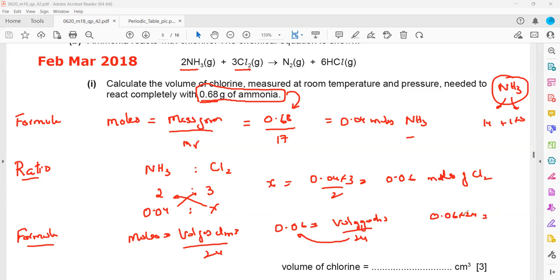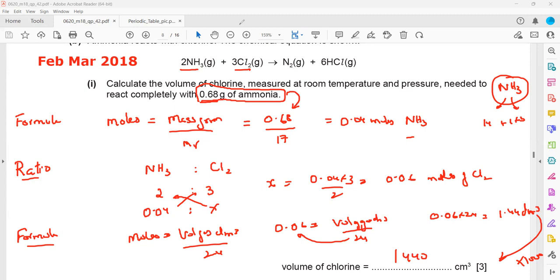What's the answer for 0.06 times 24? 1.44 decimeter cube. But in the question they did not ask for dm cube, they asked for cm cube. So I have to convert dm cube into cm cube. I have to multiply by 1000, so it will be 1440 centimeter cube.